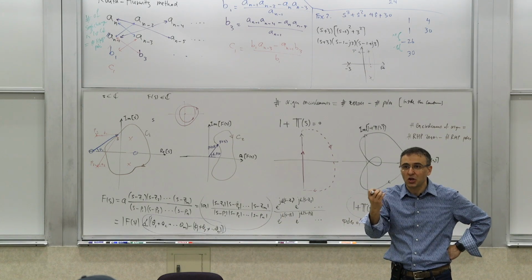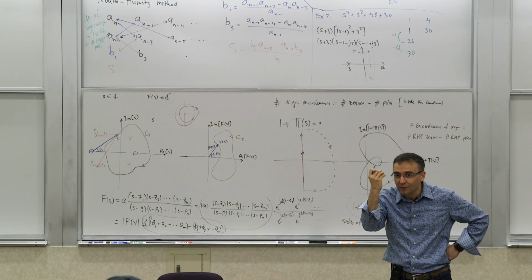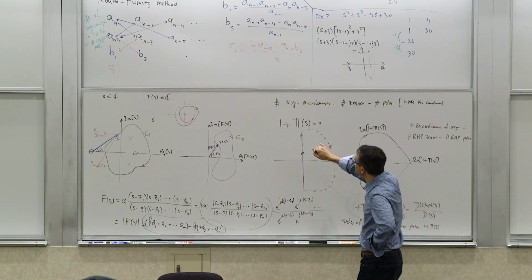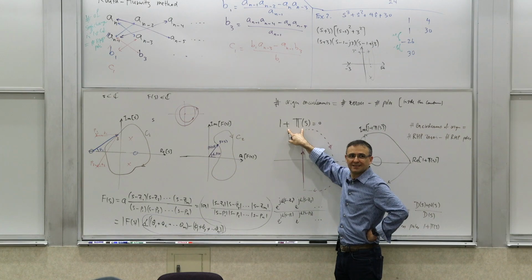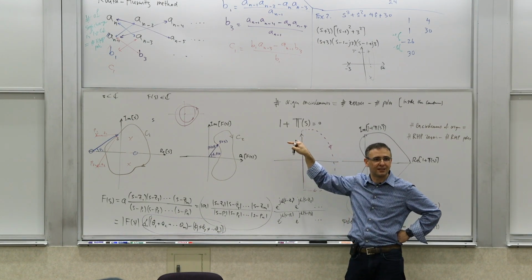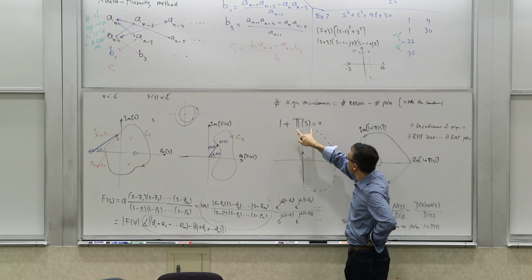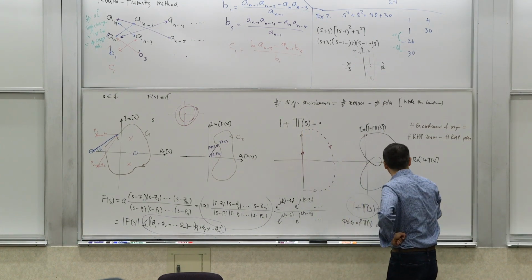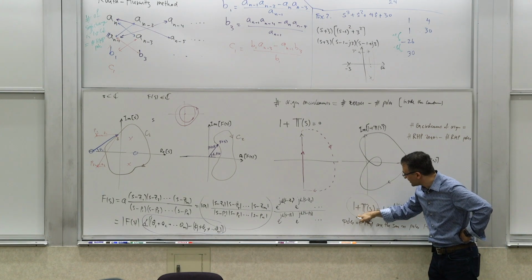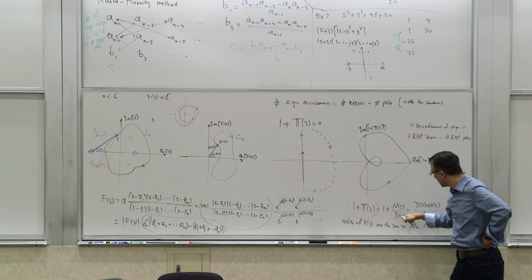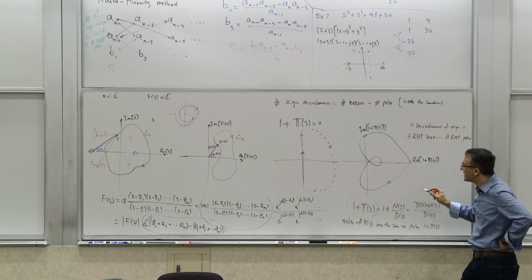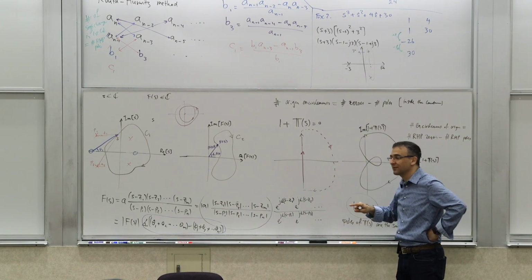Agreed? Which are the poles of the closed loop transfer function, because the closed loop transfer function has this in the denominator. Right? It's 1 plus AF, 1 plus T in the denominator. So the roots of this quantity are the zeros of this quantity, and the zeros of this quantity are the only right half plane thing you get if you start off with a loop gain that's stable itself.